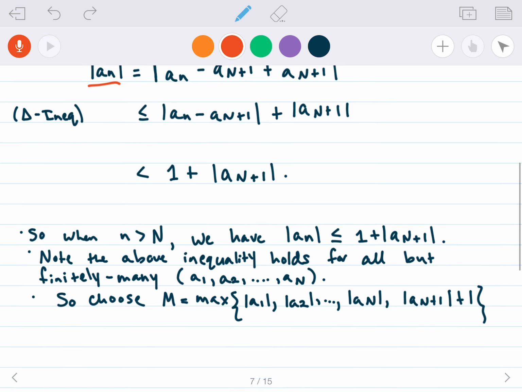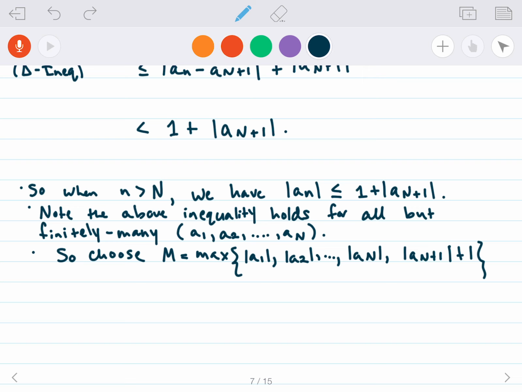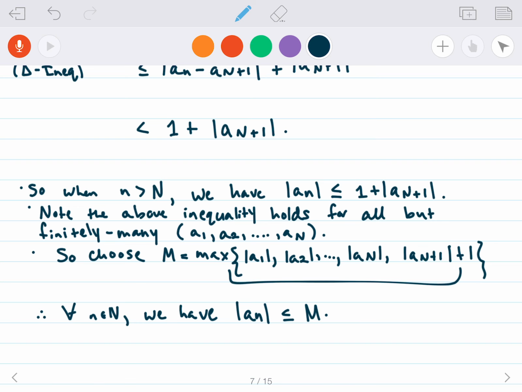Okay. All right. So for all n in the natural numbers, we have a sub n is less than or equal to capital M, because M is the maximum of this set. And so we found a bound.